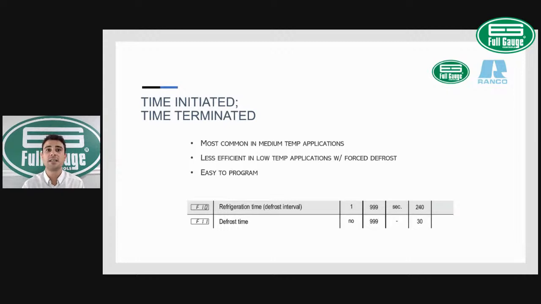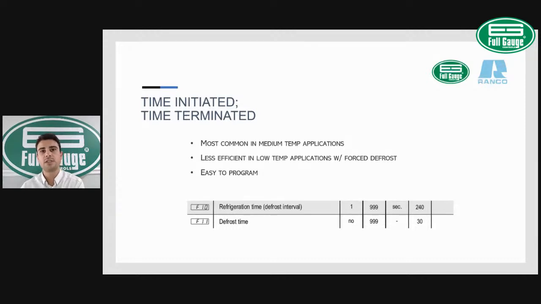You want to cut that defrost cycle when the coil has reached a certain temperature. The time-initiated, time-terminated is the same concept as the mechanical timers. So basically, this is a concept that is widely used in medium temp applications.